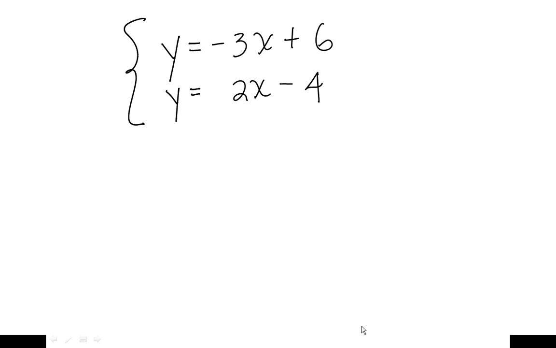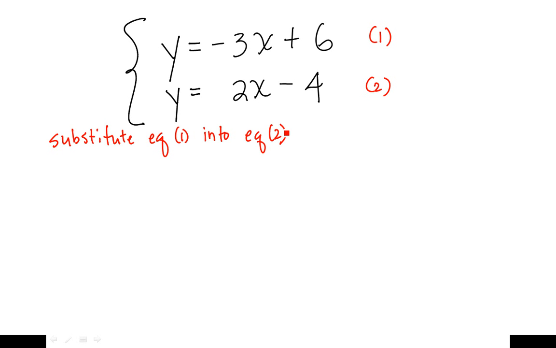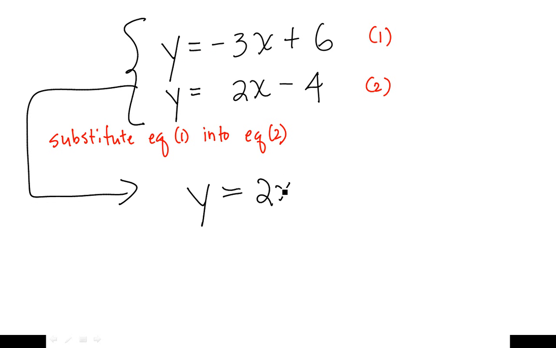I'm gonna say, since this is equation 1, this is equation 2, let's substitute equation 1 into equation 2. So instead of writing y equals 2x minus 4, let me rewrite that.